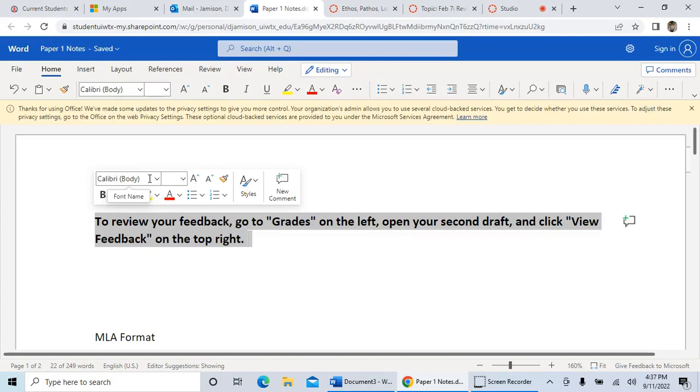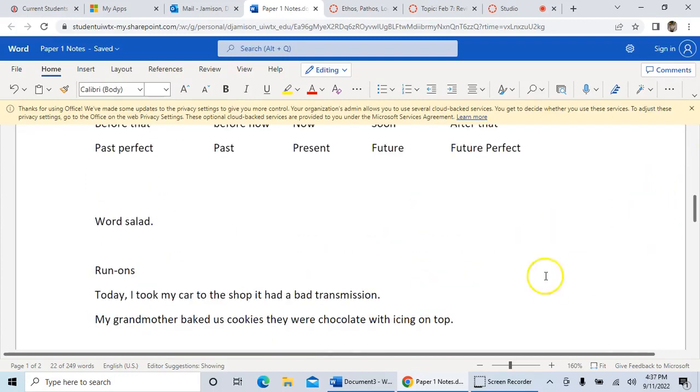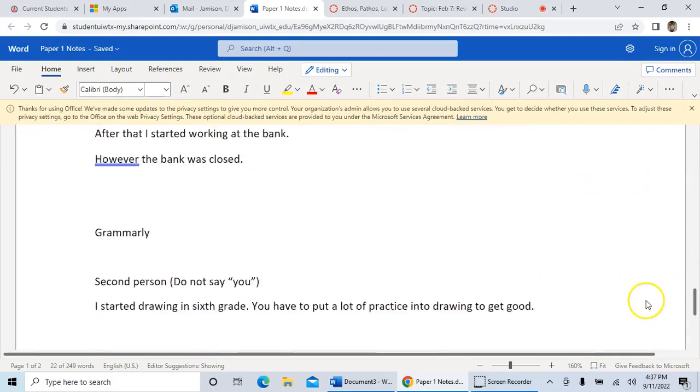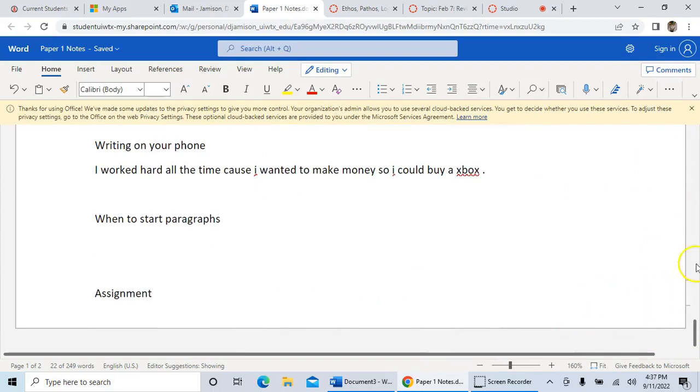You should see several little comments throughout your paper along the side here. And then at the very bottom, or maybe in the text box, you'll see a large comment telling you main things to focus on and work on.